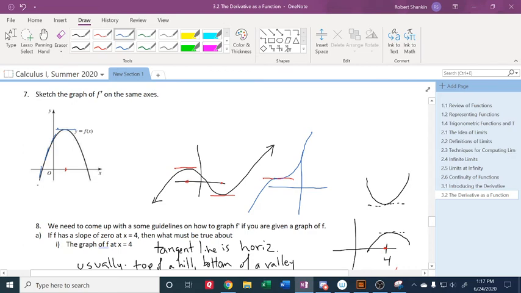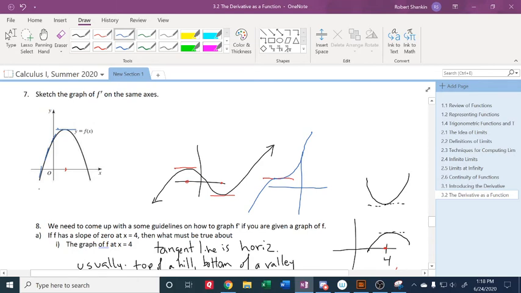If you own stock in this company, you'd be very happy here because you're going up so fast. As time goes on, you're still happy because your stock price is going up, but it's not going up quite as fast. It's not going up nearly as fast way over here. Finally, it's going horizontal for a moment right there before it goes to falling, and it's now negative.